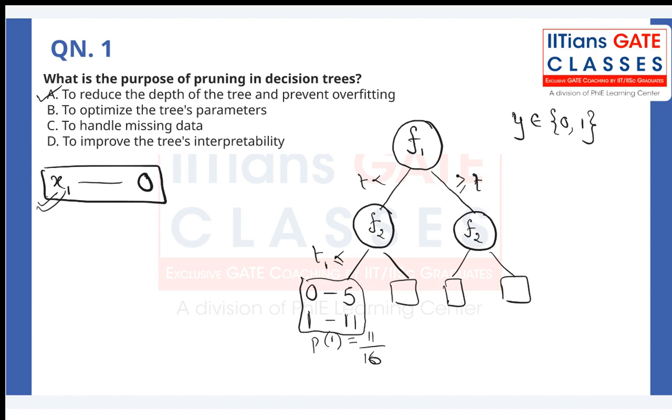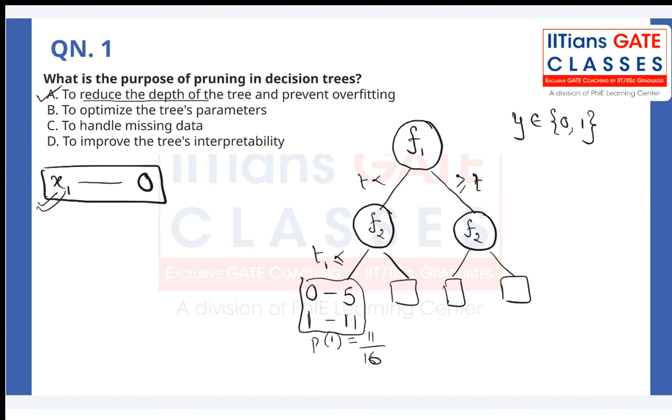And then you can have some threshold to decide: more than 0.5, you can call it 1, or more than 0.6. It depends on the threshold that you set and the problem at hand. So pruning means to cut, right? You're trying to stop the tree from building beyond a certain point. In the sense, you're trying to reduce the depth of the tree and also trying to prevent overfitting.